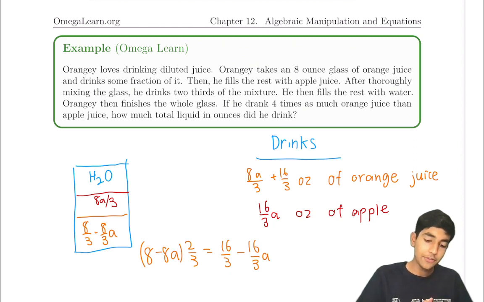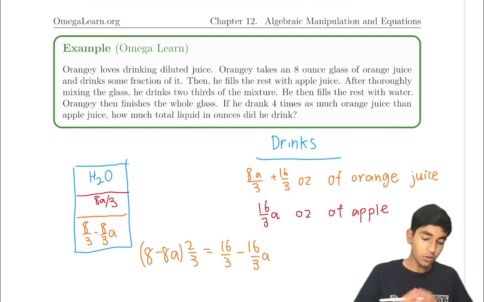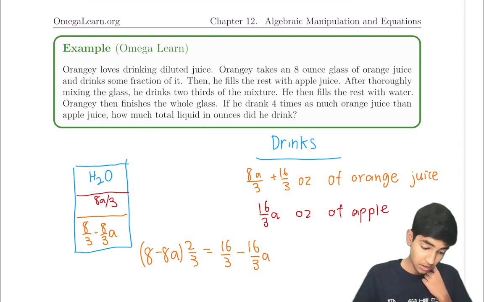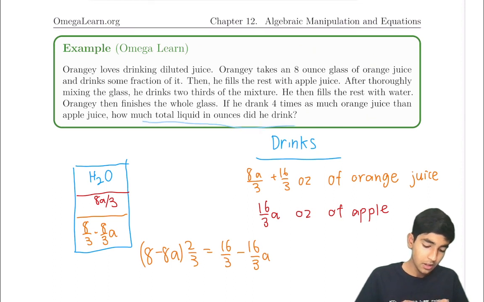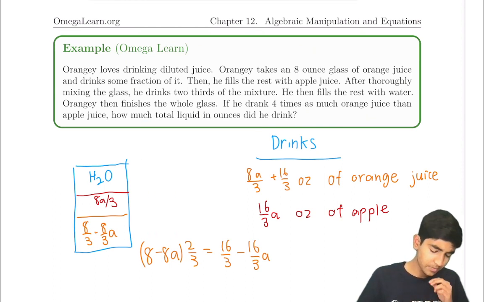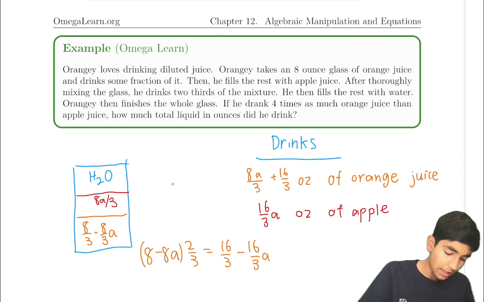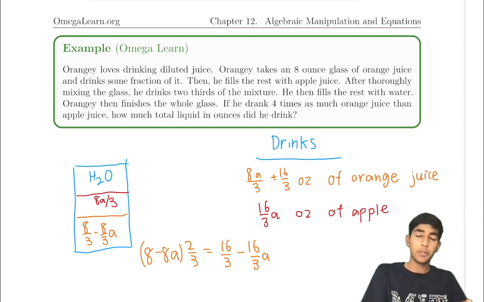Cool. If he drank 4 times as much orange juice as apple juice total, how much total liquid in ounces did he drink? Okay, so notice how he drinks this whole glass. So he still ends up finishing all the apple juice and orange juice that was left.